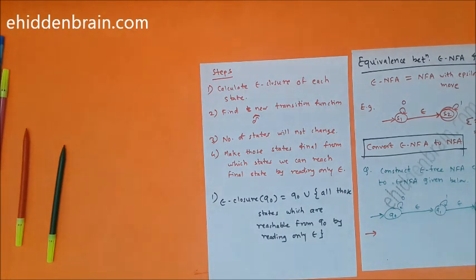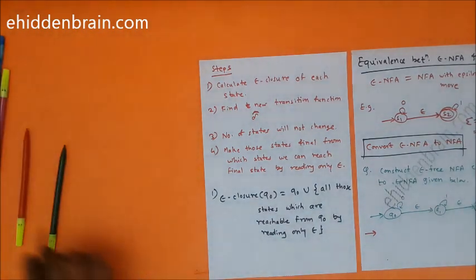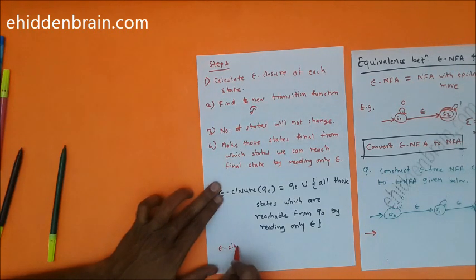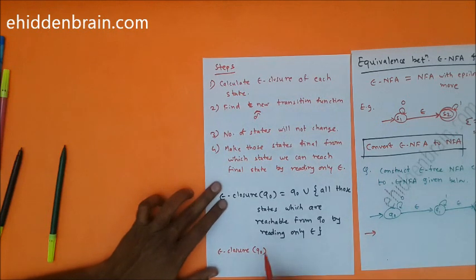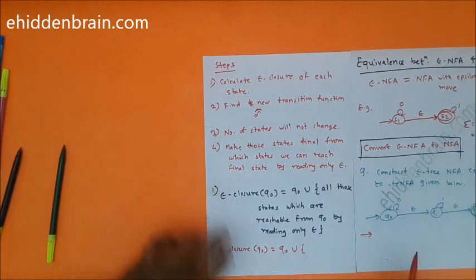Now we'll see what epsilon closure actually is. Let's take the epsilon closure of Q0 itself. What is the epsilon closure of Q0? It will definitely be Q0 union with some states. What are those states?